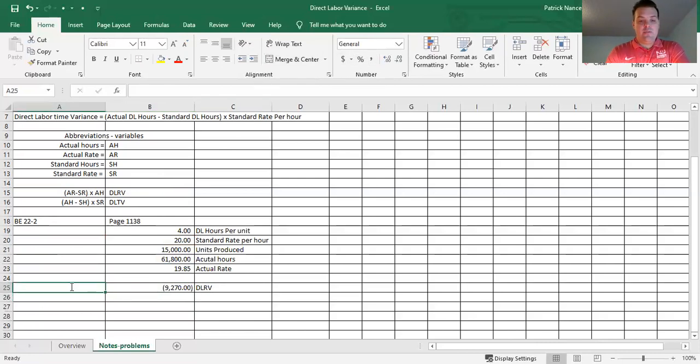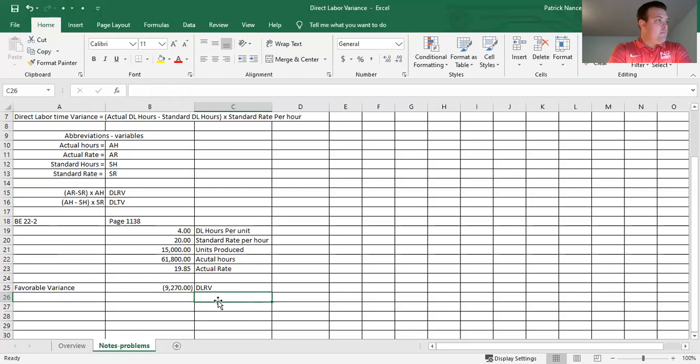And again, as always, it's super important to label that this is a favorable variance. Based on the rate alone, purely on the rate that I paid for direct labor, I spent $9,270 less than what I anticipated.